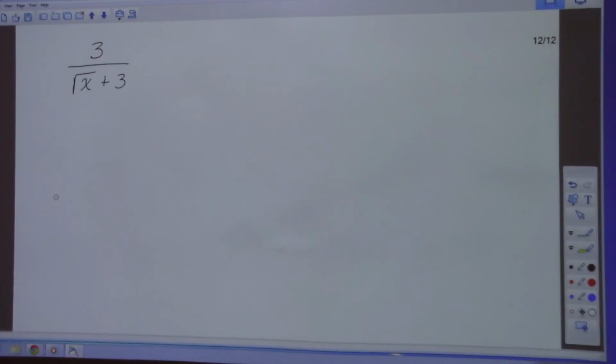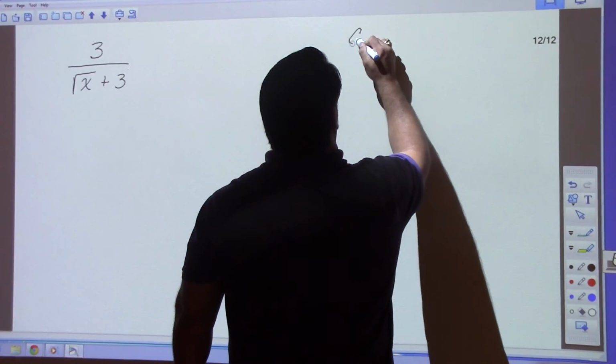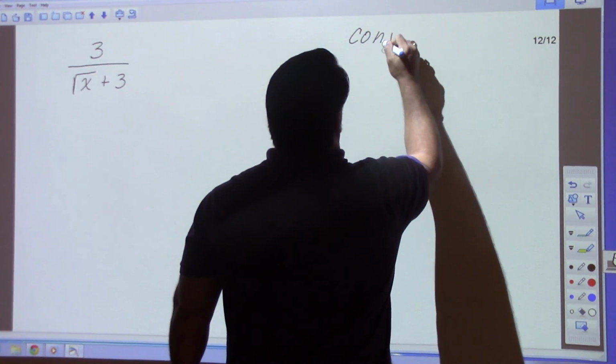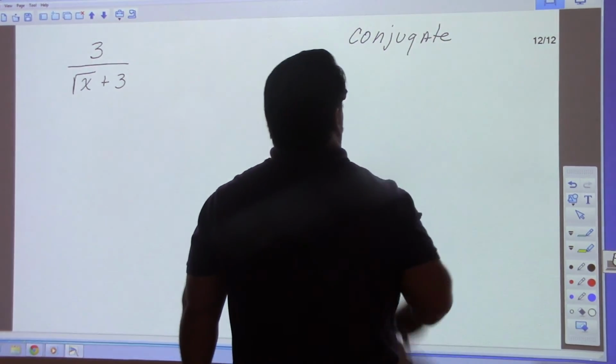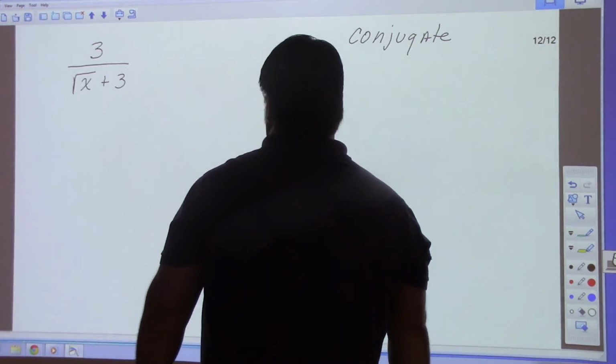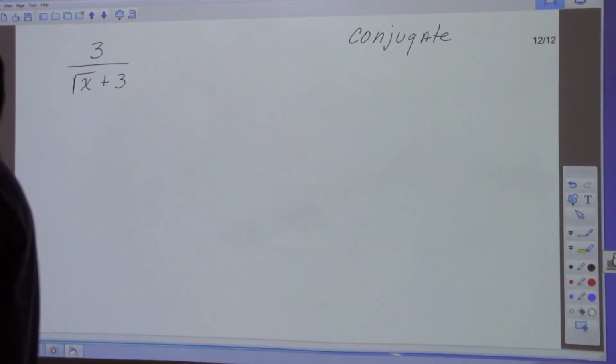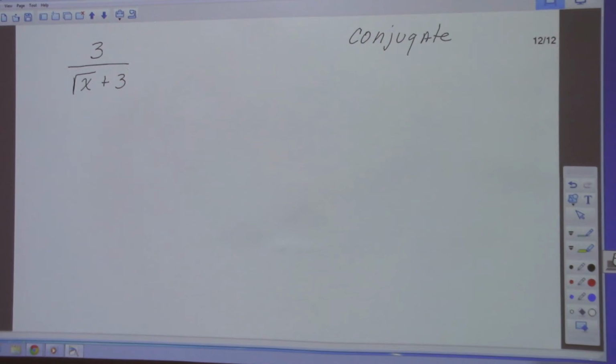Now, when dealing with a two-term denominator, you're going to use what's called the conjugate. When you see the word conjugate, what do you think of? Opposite.